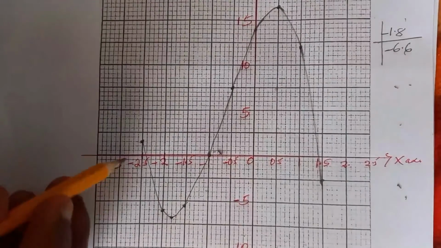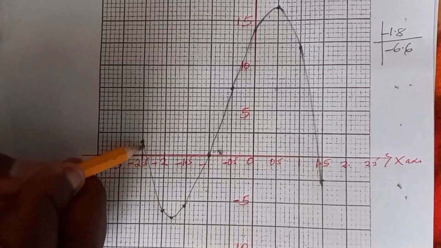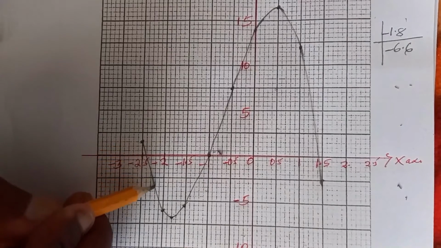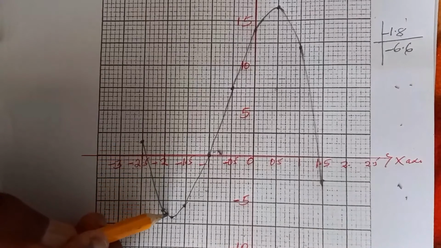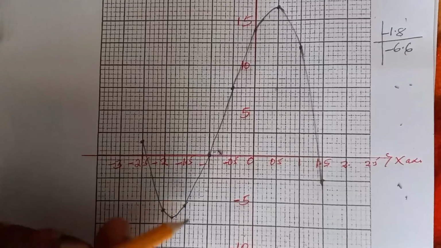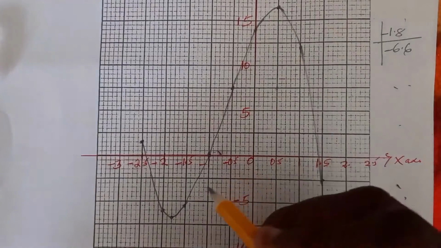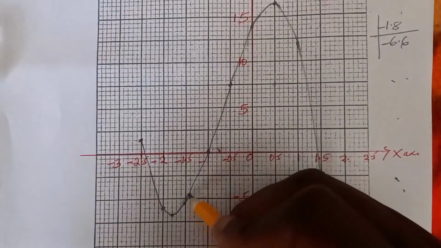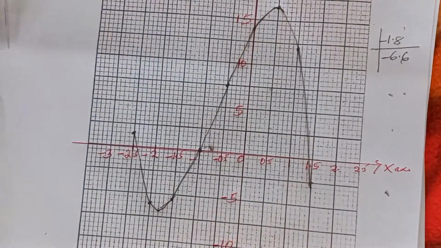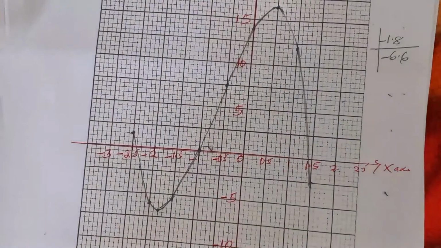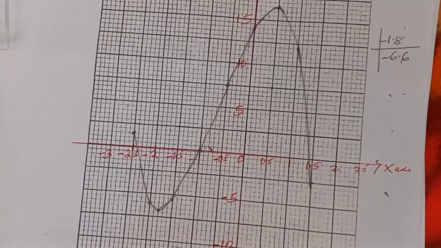So that is the curve. Ensure that all these points are joined using a smooth curve like that. And that is the curve. So you've drawn the curve. Show that it's smooth.